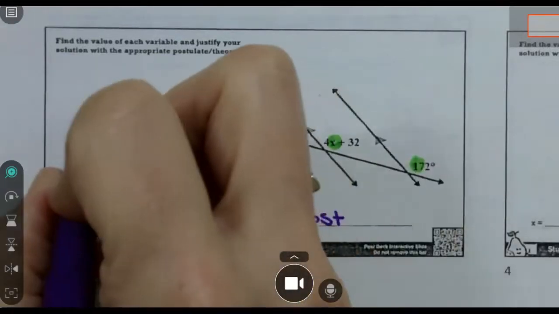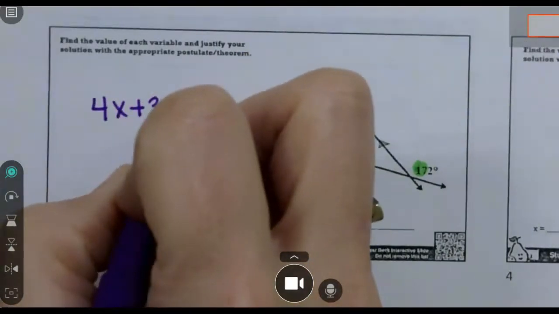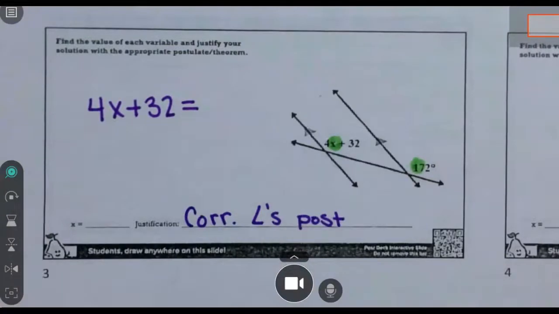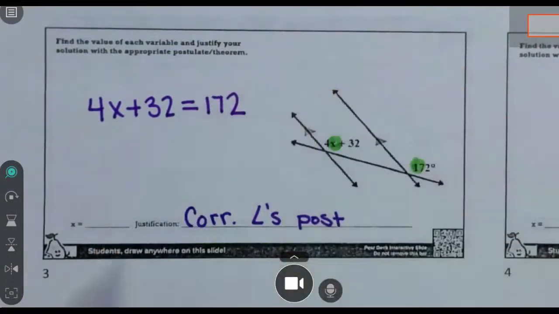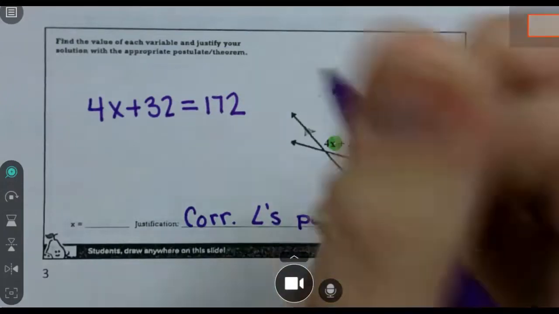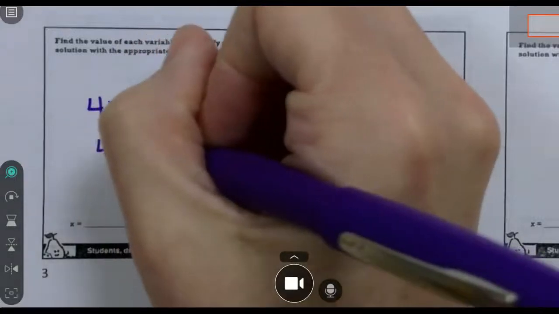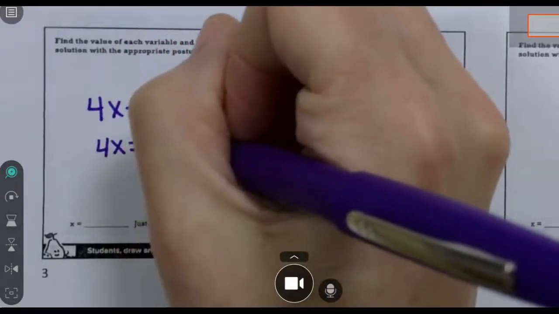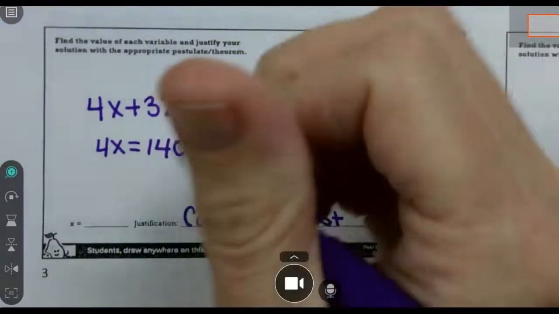So I'm going to take 4x plus 32 and set that equal to 172. Not too bad. We'll subtract 32 from both sides, which is 140. So 4x equals 140. Divide by 4, which is 35.